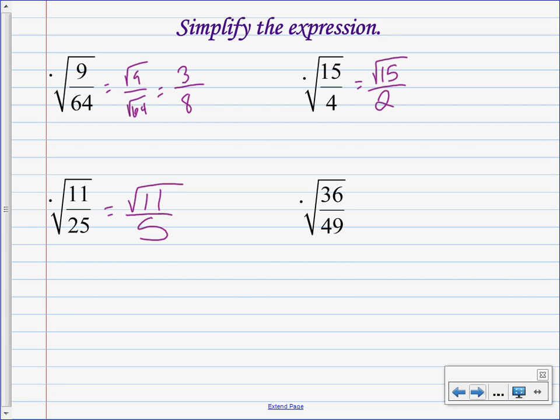Okay, what's the square root of 36 over 49? Yeah, 6/7. Perfect. Excellent work, ladies and gentlemen. Super hard, right? Okay. Now we're going to get a little harder.